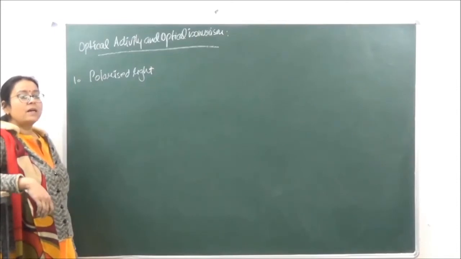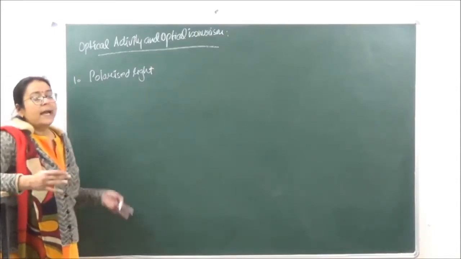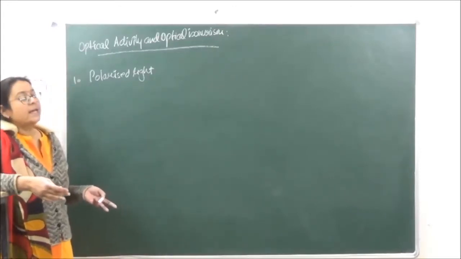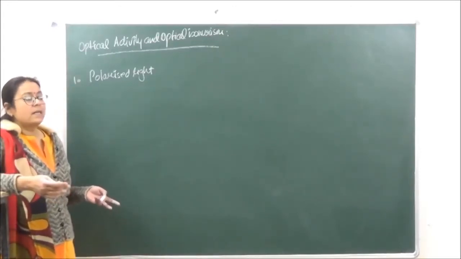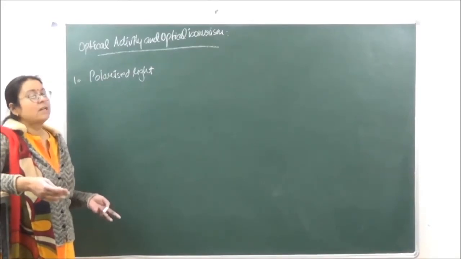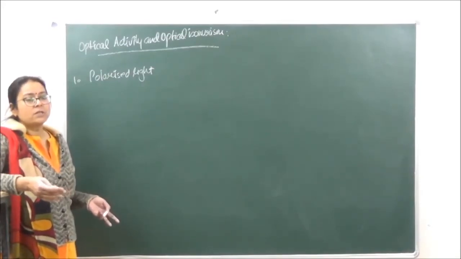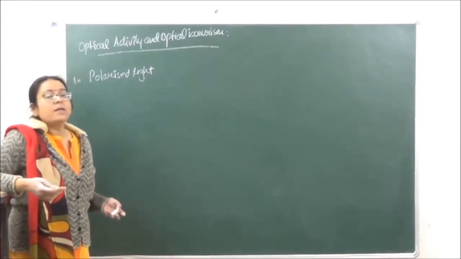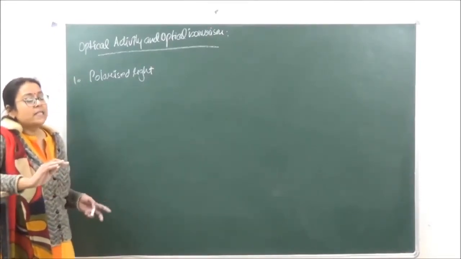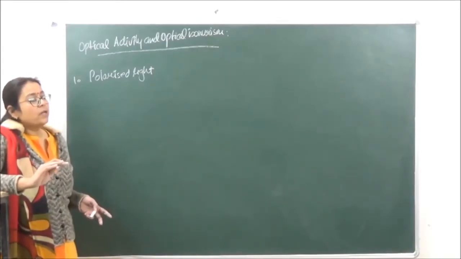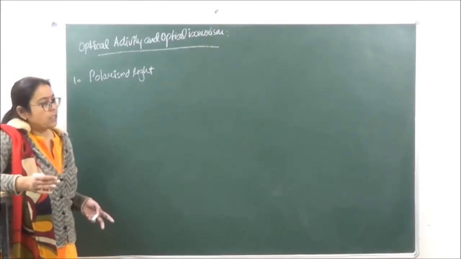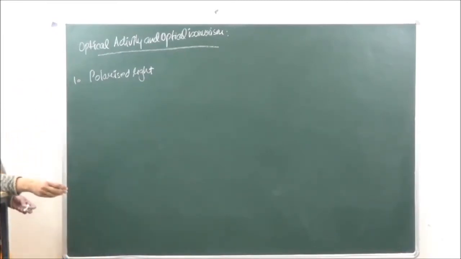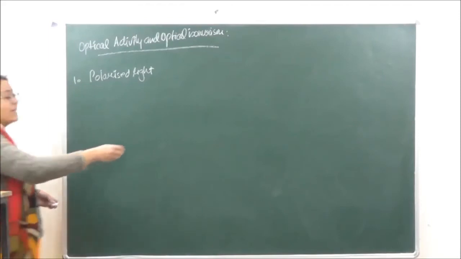That whenever we are taking a source of any light and we are passing it through a polarizer, okay, that polarizer is, let's say, the Nicol prism which we have. Nicol prism is the hydrated calcium carbonate crystal. So when we are passing ordinary light through Nicol prism, it is going to start traveling or vibrating in only one direction. Such a light which is going to vibrate in only one direction, that is going to be known as polarized light.